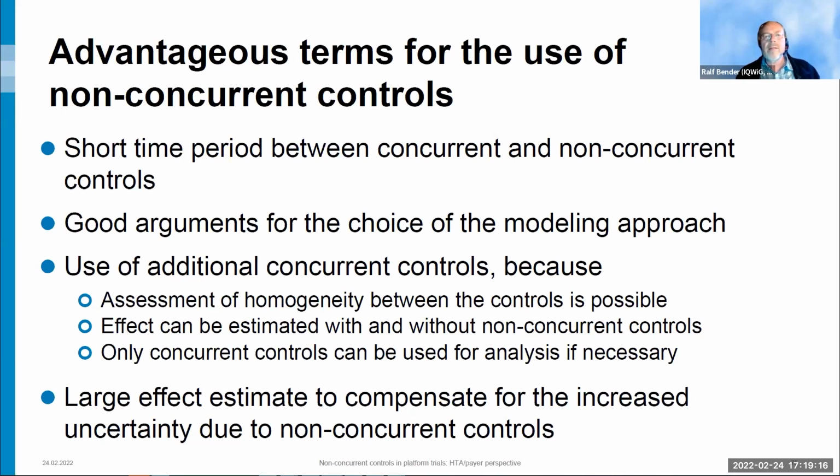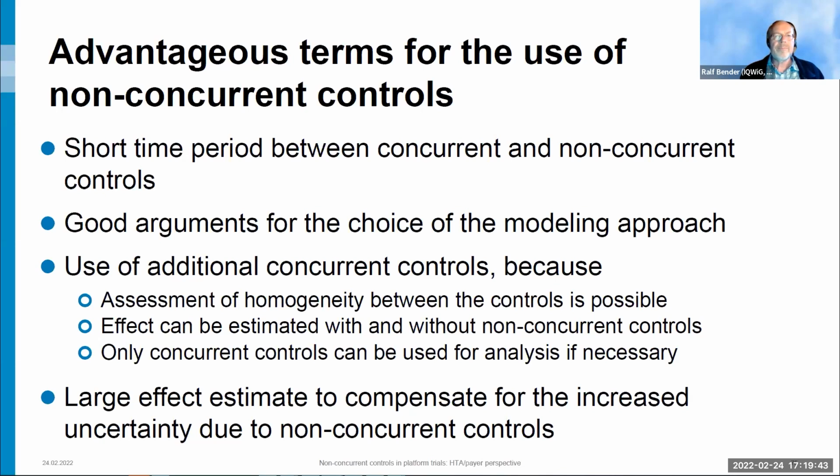Because if you can argue that even if there is some bias, it's not plausible that such a large effect estimate is observed by bias alone, then you have a good argument at hand to get a successful result at the final end.